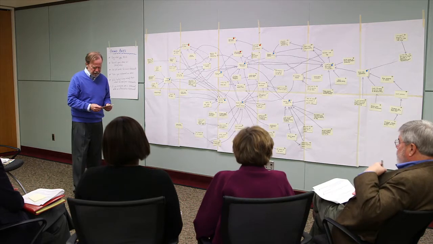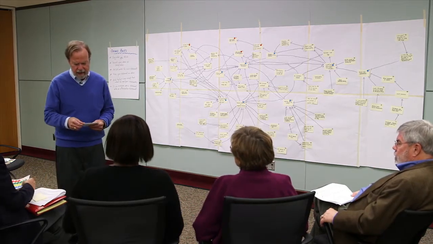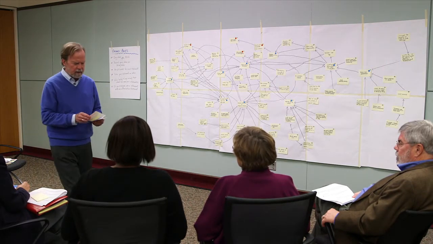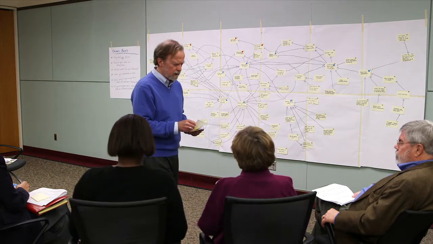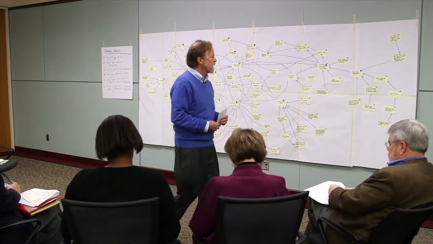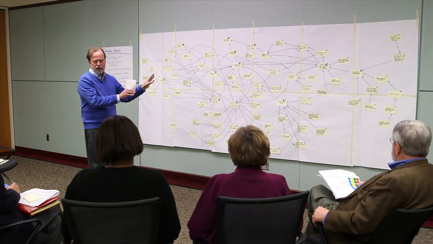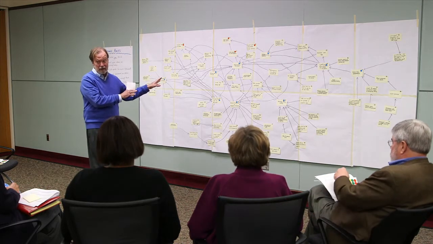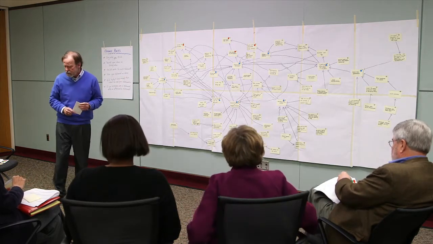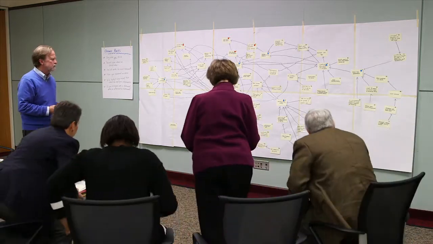So what I'm going to do is give each of you a sheet of blue dots, and I'm going to ask you to use only 6 dots, no more than 6 dots, and put the 6 dots on what you think the most important 6 strategy areas are out of the 10 possibilities that we have up there. But we can put them all in one place if we want? No, I'd like you to spread them around, one dot per strategy. Okay.